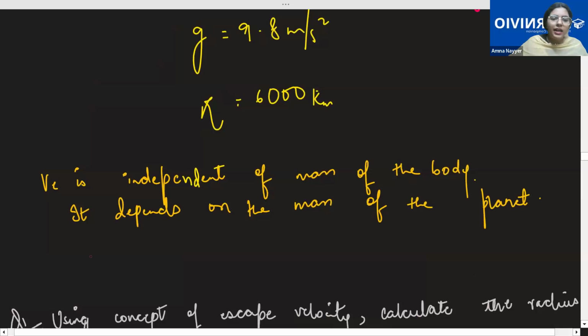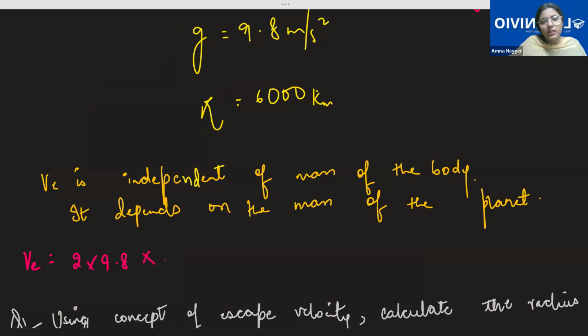So when you put in the values, for escape velocity, under root 2 into 9.8 into 6 into 10 to the power 6. This value comes out to be 11.2 kilometer per second.